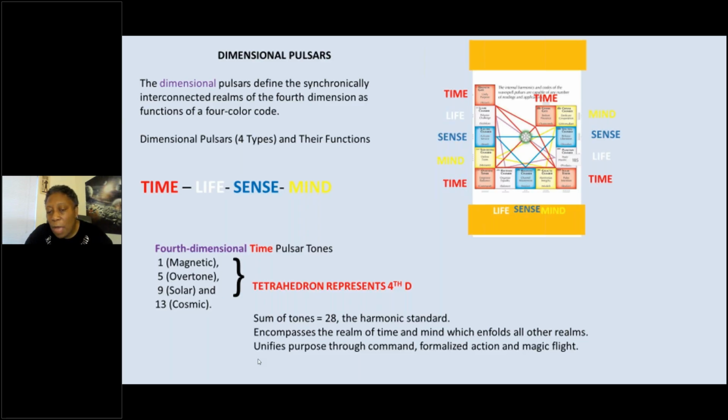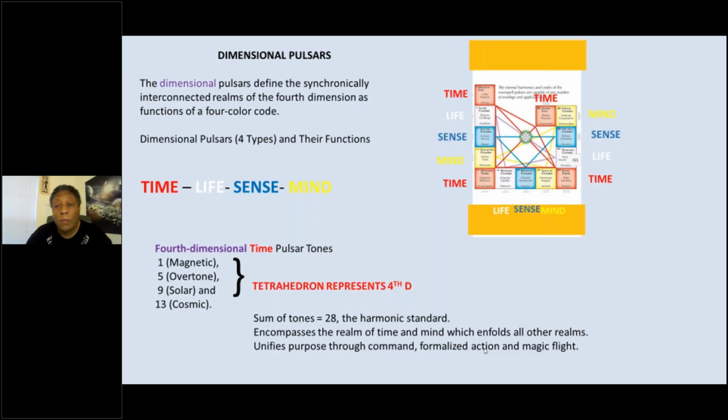Encompasses the realm of time and mind, which unfolds all other realms. Unifies purpose through command, formalized action, and magical flight. So that's what this is doing. You're going to have to be familiar with the tones, their powers, actions, and essences, or you're going to probably get lost at this point.